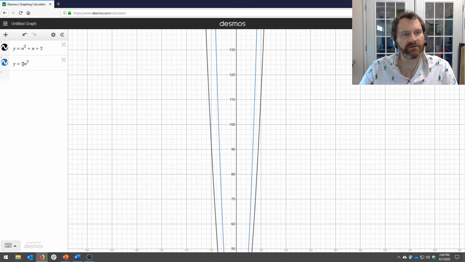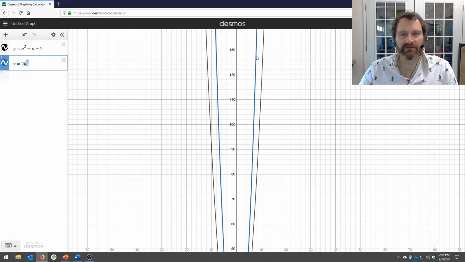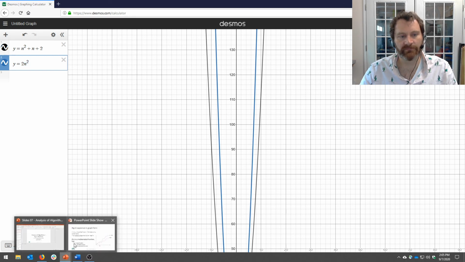So we found a constant c and a function f of n, which is n squared, that will dominate our T of n line. So we can say that this function, our combinations example from last time, is big O of n squared. What we care about is the magnitude of this function: big O of n squared.